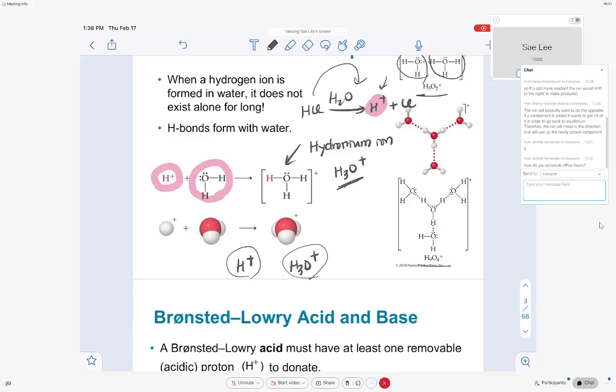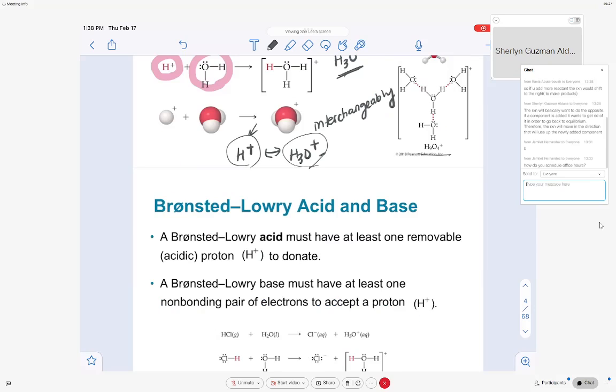But because hydrogen ion never stays alone and in water will immediately interact with another molecule and form this, chemists will use these terms interchangeably. They are not the same. Okay? Yeah, it makes sense. Thank you.